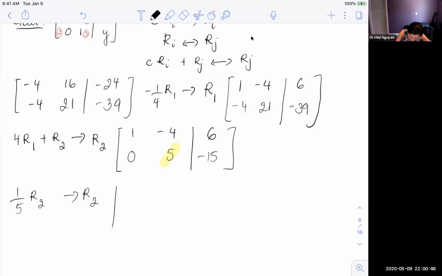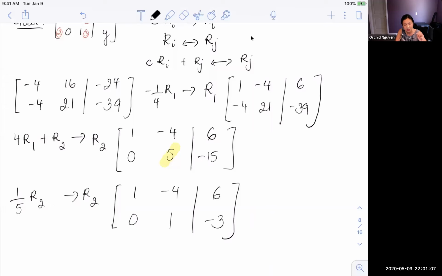So we're not doing anything to R1. 0 divided by 5 is 0. 5 divided by 5 is 1. Negative 15 divided by 5 is negative 3.